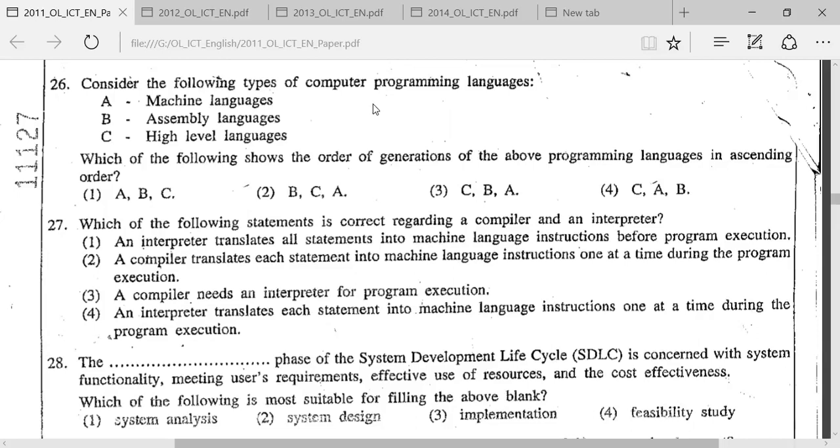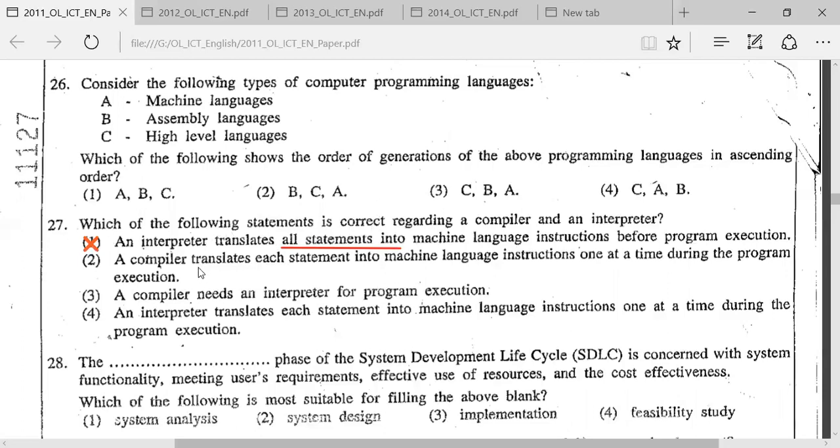An interpreter translates all statements into machine language instructions before the program execution. They are saying an interpreter translates all statements into machine language. All statements? No, that is wrong. So that is not correct.